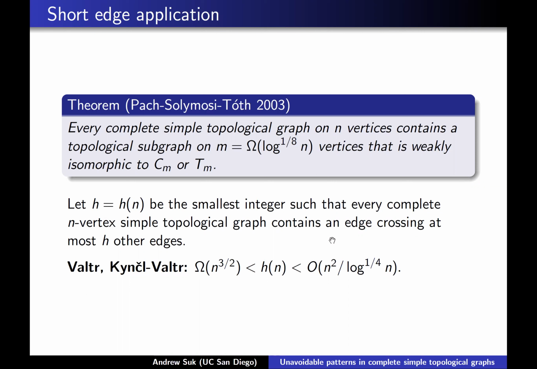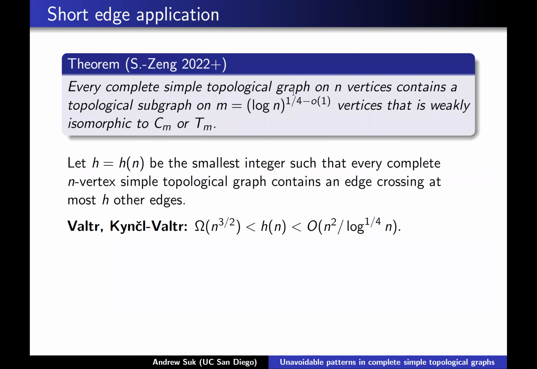Their proof was based on an asymmetric version of this result by Pak, Shoyimoshi, and Toth. If you just follow their arguments line by line and use an asymmetric version of our result instead, then you can show that h(n) is slightly smaller, but it's still essentially just n squared over polylog n.